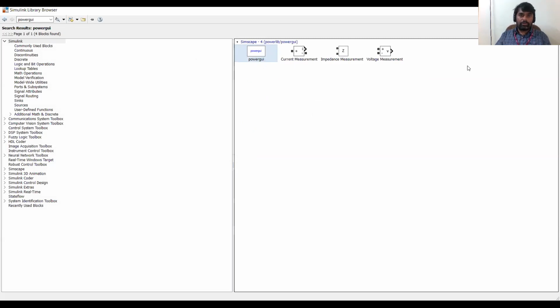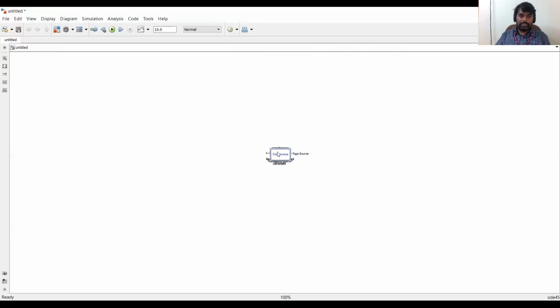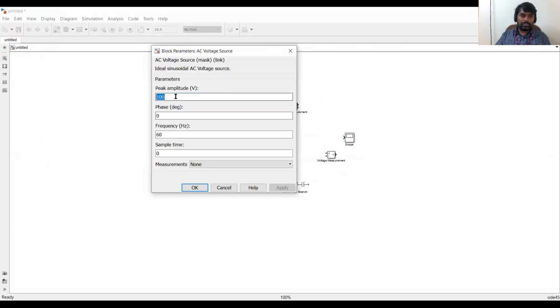So now you can go to the untitled page where we have added the components, right? Here you can see the Powergui, scope, current measurement block, voltage measurement block, load, thyristor, pulse generator, and AC. So if you double click on this AC source, you can set the peak voltage of 230 volts and Indian standard frequency is 50 Hz.